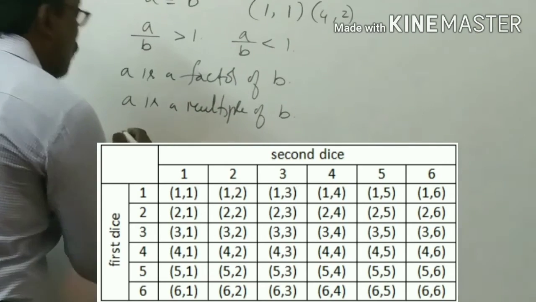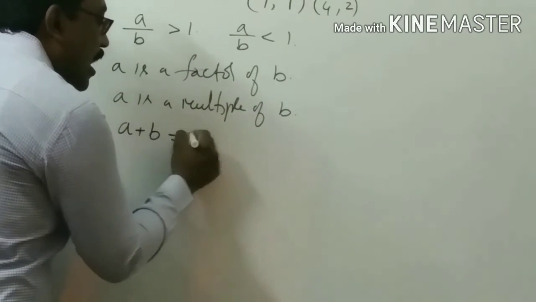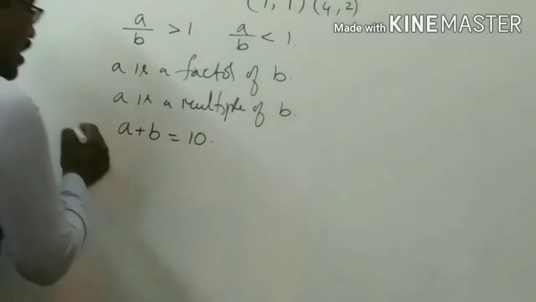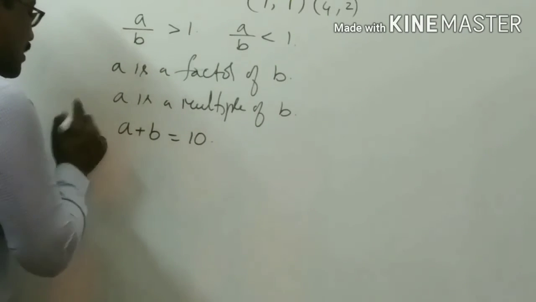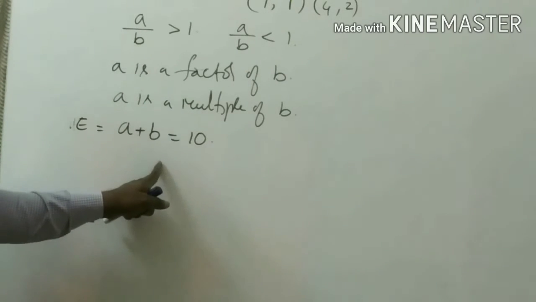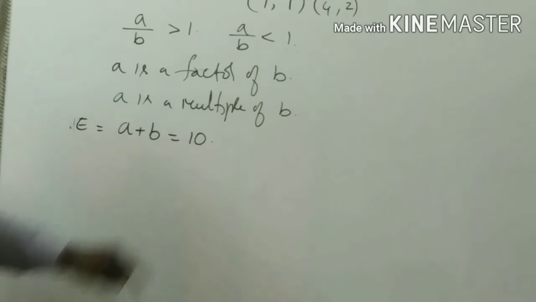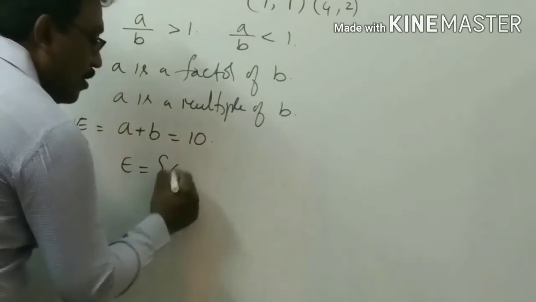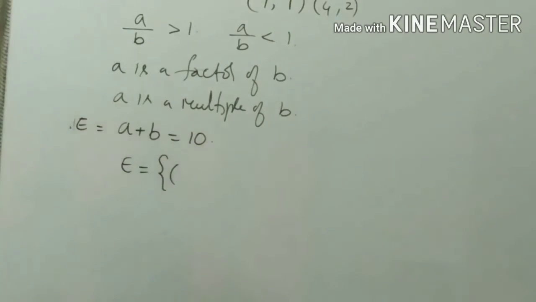Or else, one more very important question: A plus B is equal to 10. See, what is the event? E is equal to the sum of the two numbers on both the dice is 10. That means, what may come? With 1, is 1 plus 6 equal to 10?